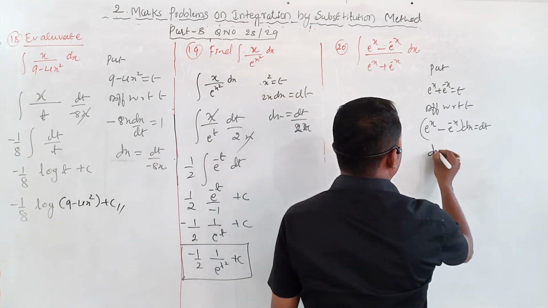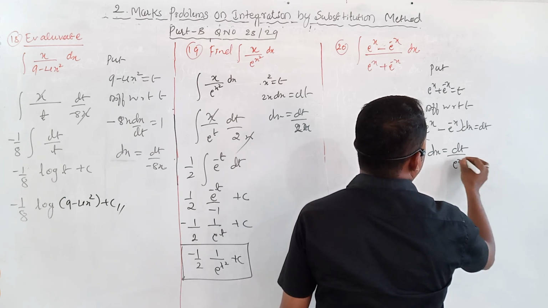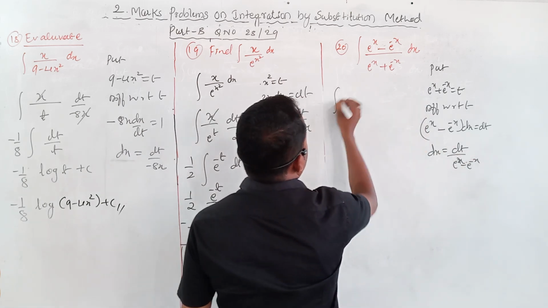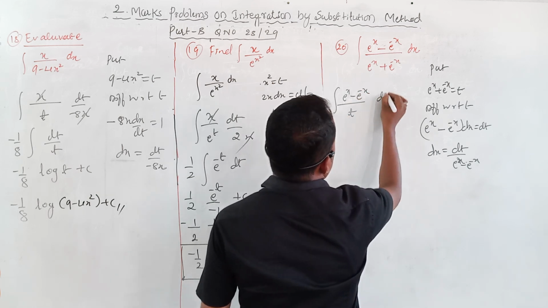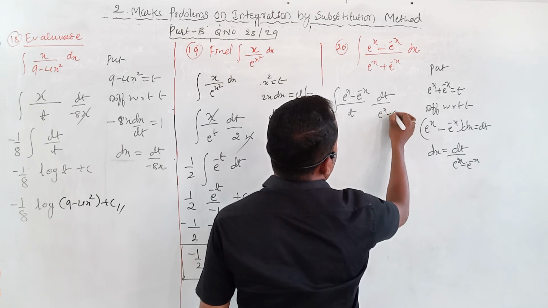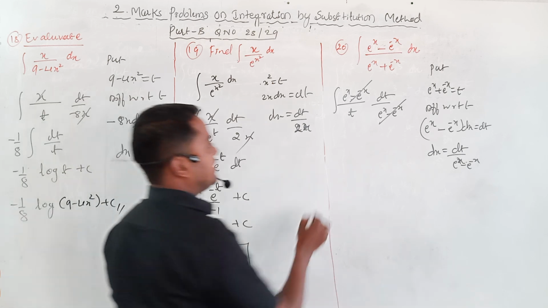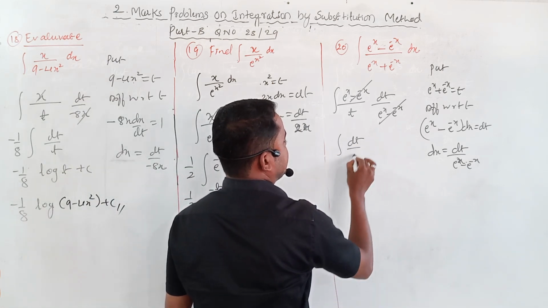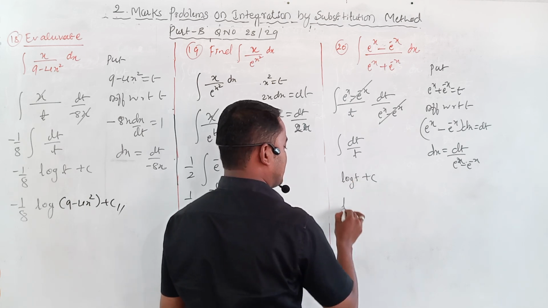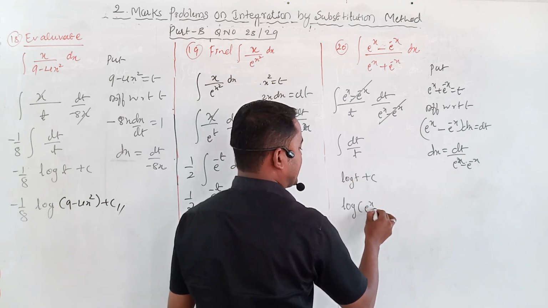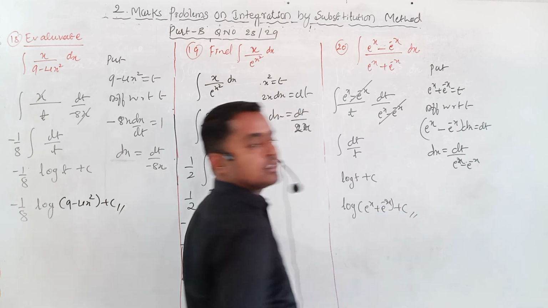Now dx is equal to dt by e raised to x minus e raised to minus x. Come to here, e raised to x minus e raised to minus x divided by t. Now dt by e raised to x minus e raised to minus x, cancel it. Yes. dt by t means what? Log t plus c. What is the value of t? Log of e raised to x plus e raised to minus x plus c.